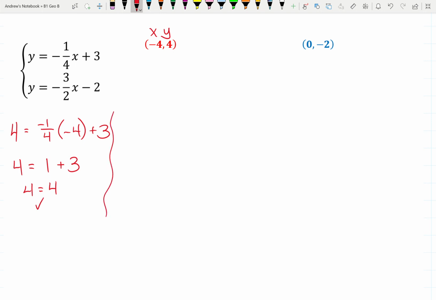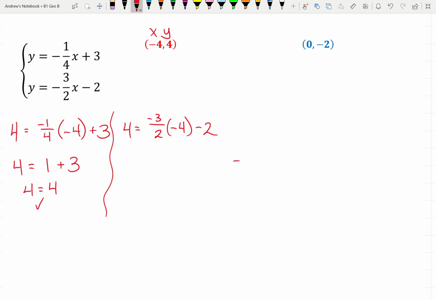Next part, we're doing y equals negative 3 halves x minus 2. So let's check it out. Y was 4 equals negative 3 halves, and then x was negative 4, and then minus 2. All right, so this fraction already looks a little bit nastier to multiply with, but we're going to do the same thing we did last time.